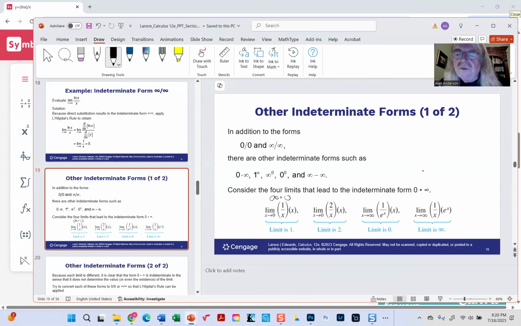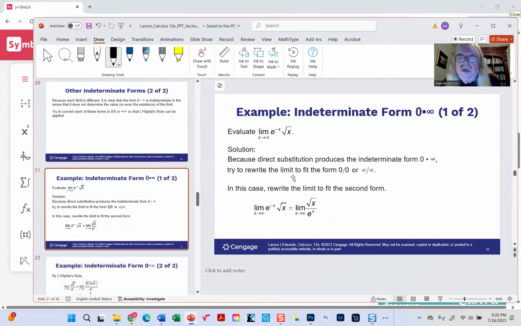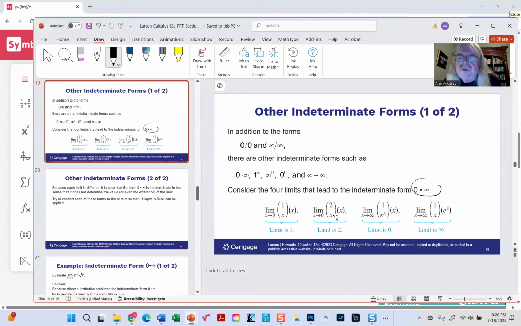Well, actually, all four of them would. Oh, I see. They already mentioned it over here. Okay. So what they want you to see is that all four of these can be manipulated into making it possible to use L'Hopital's rule. Oh, okay. They didn't actually show us how to do it.